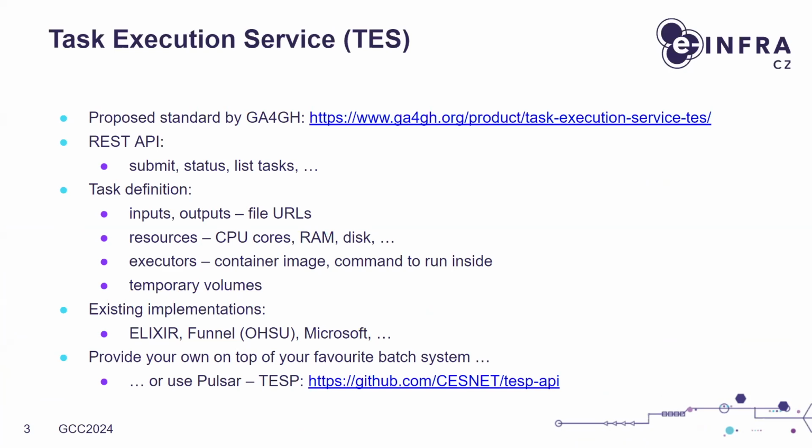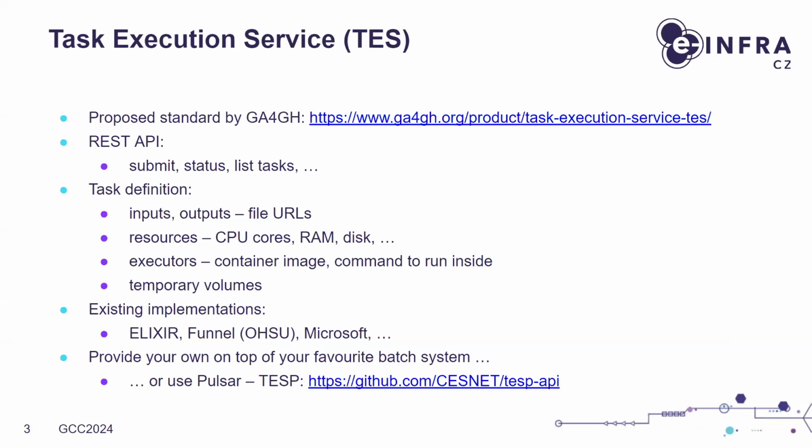It does not introduce too many corner cases, and you usually end up with a simple definition of the task, or the components of the task have just 2 or 3 mandatory fields. As anything nowadays, it defines a RESTful API with quite expected components and operations like submit the jobs, check the status of the jobs, list the tasks, and so on.